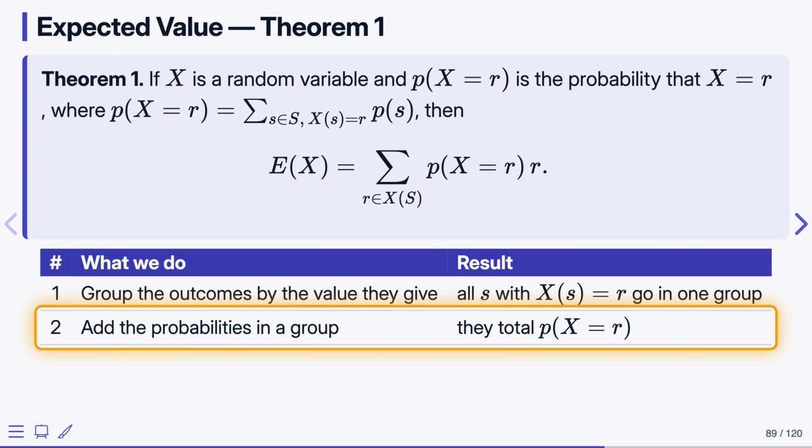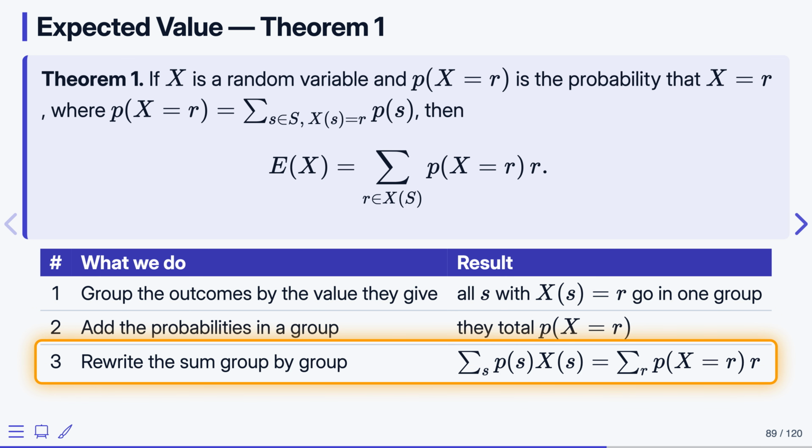Add the probabilities inside a group. By definition, that total is the probability that X equals r. Step 3. Now rewrite the original sum group by group. Each group contributes its total probability times its shared value r, so the two sums agree. This value-based formula is often easier to use.